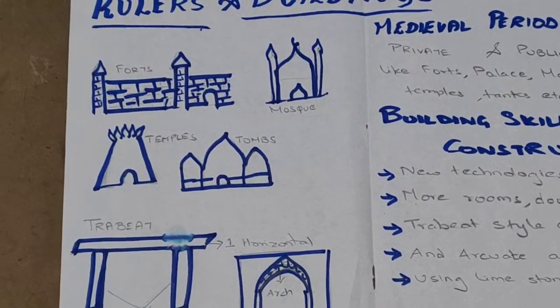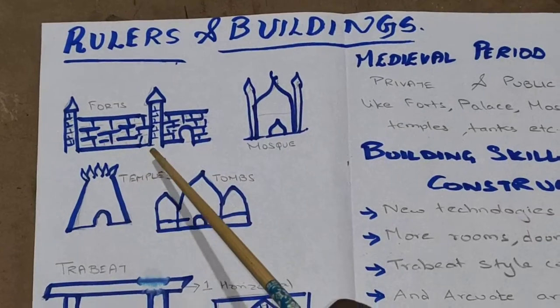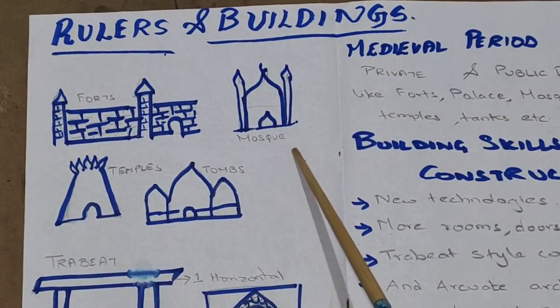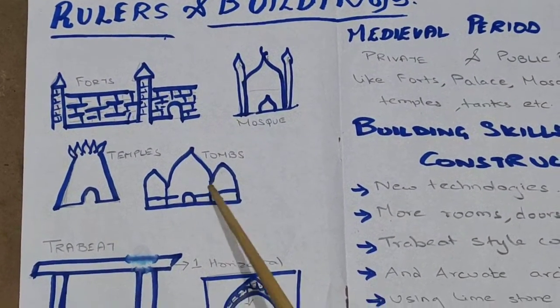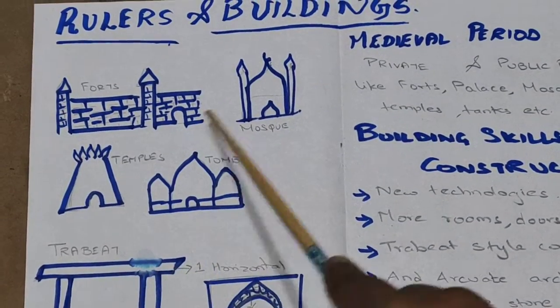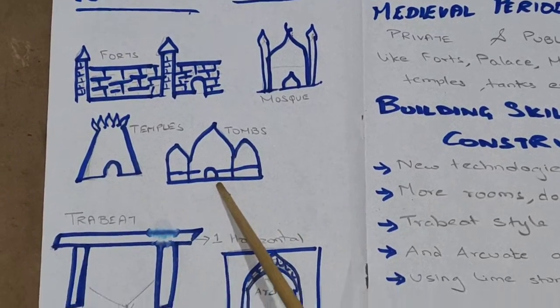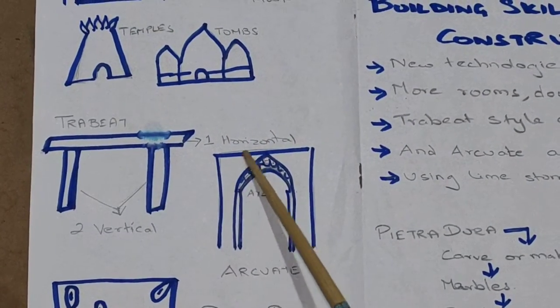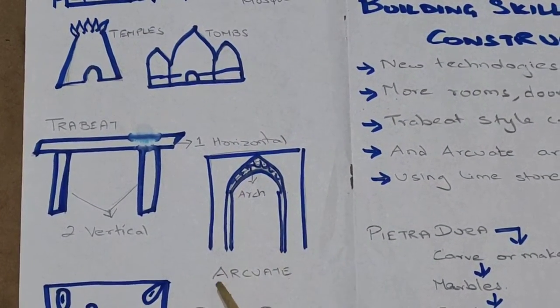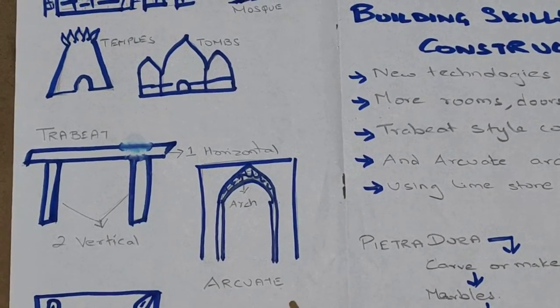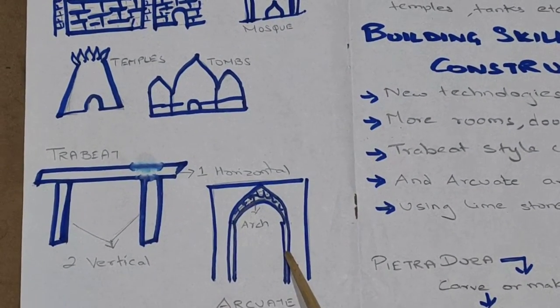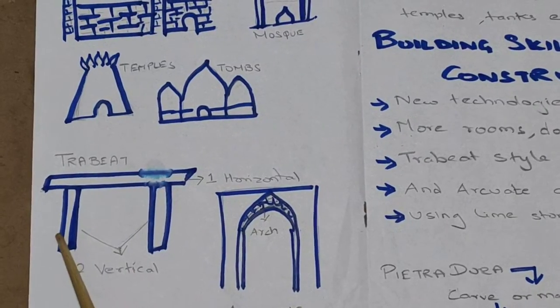Here in this picture you can see the construction of a fort, the mosque, temple, tombs. In most of these drawings you can see the arch shaped structure, which is called an arcuate. This arcuate is constructed with a trapeze form.